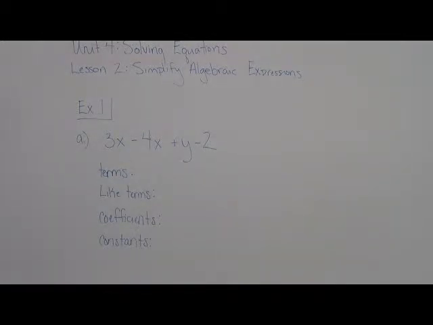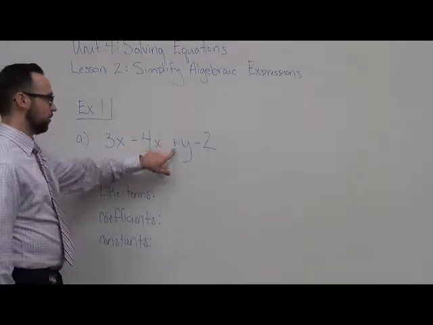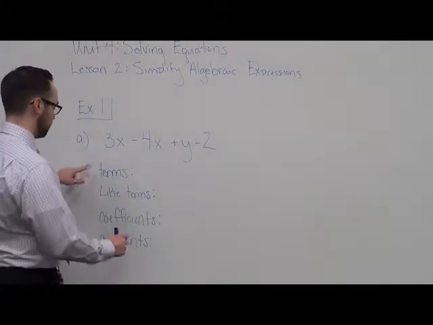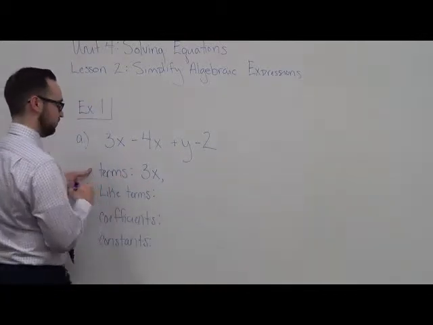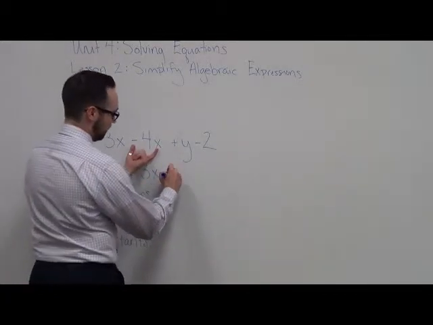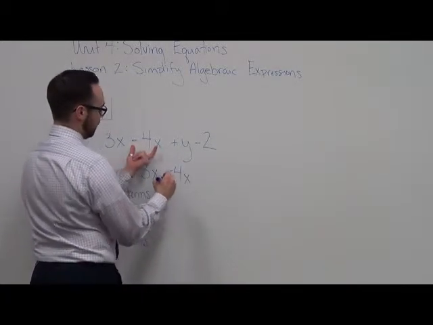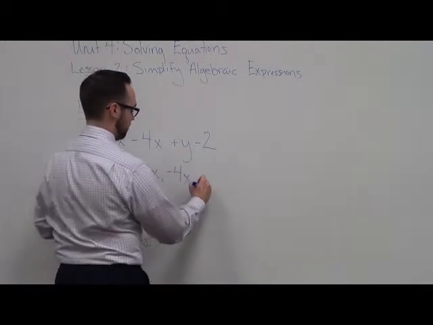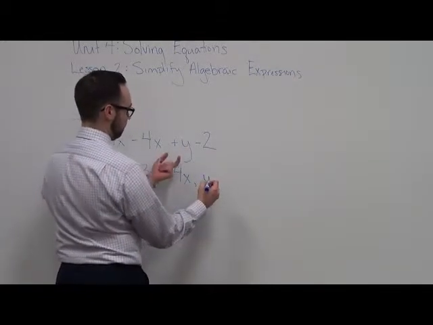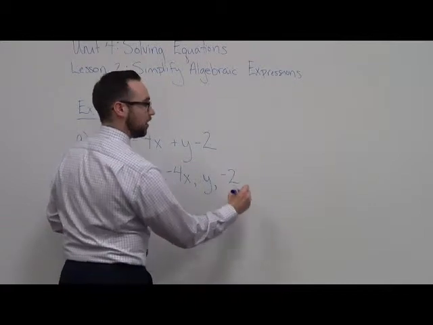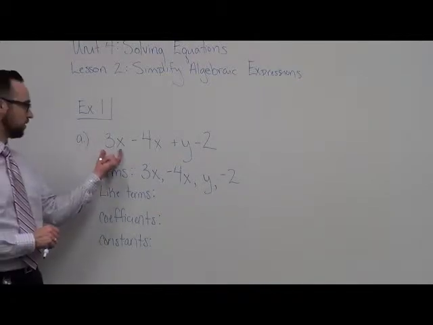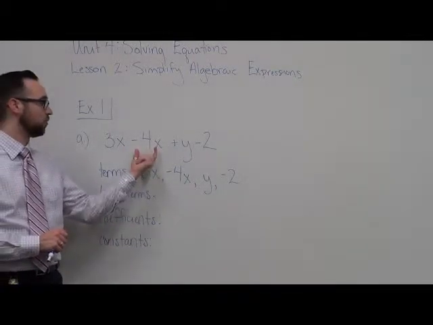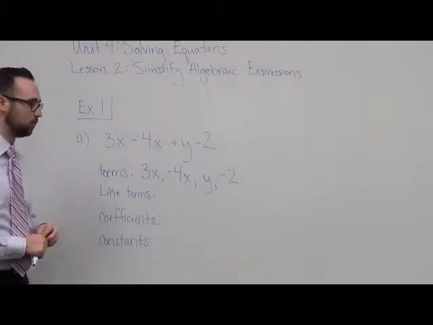So first off, remember terms are separated by plus and minus signs. So all the terms: 3x is a term, -4x is a term, so that minus sign stays with it. Positive y is a term, and -2 is a term. So we have 4 different terms: 3x, -4x, y, and -2.